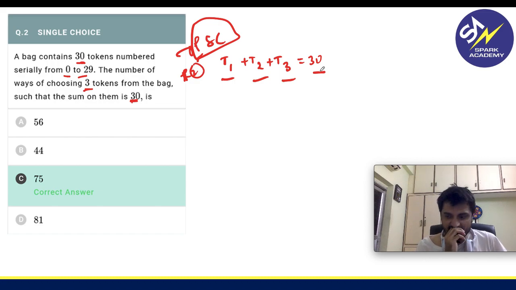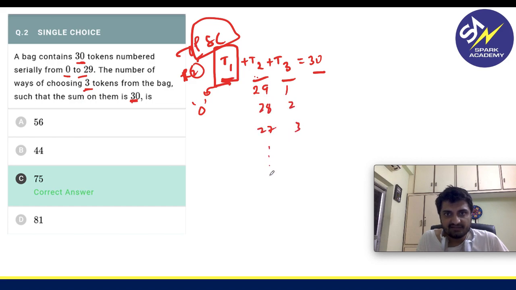First I will fix the first one as 0. What are all the cases you will get? You will get 29 and 1, 28 and 2, 27 and 3, and so on.